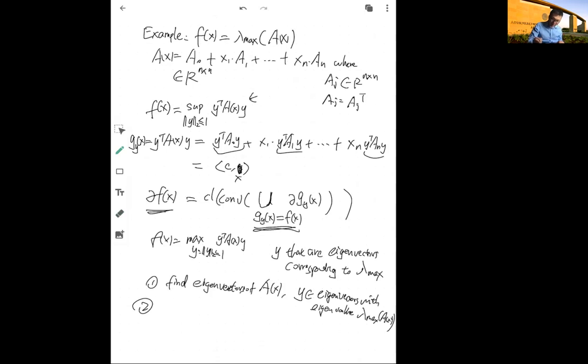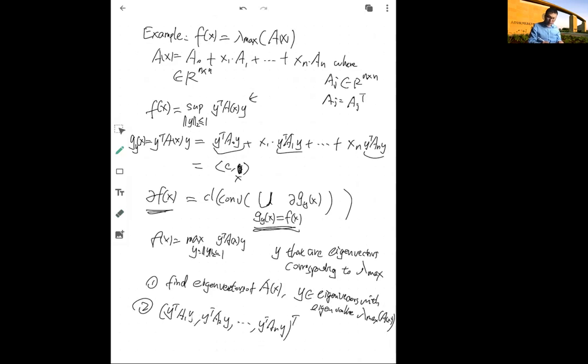The second step is to construct the corresponding gradient. The gradient would be y transpose A1 y, y transpose A2 y, up to y transpose An y.